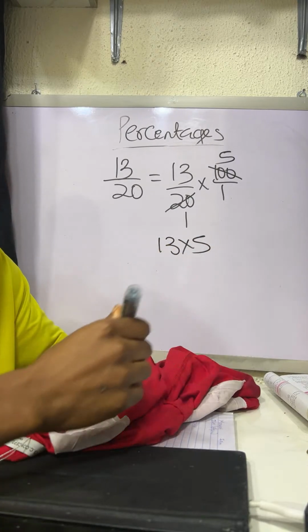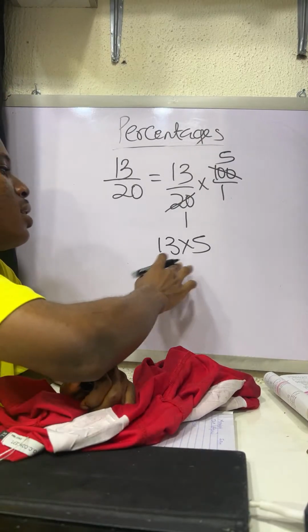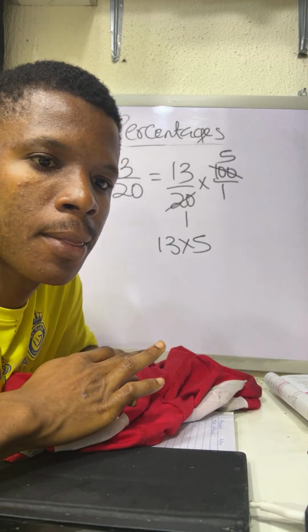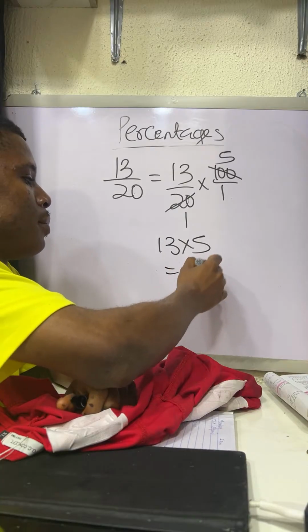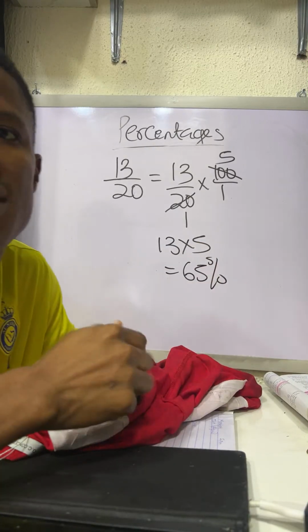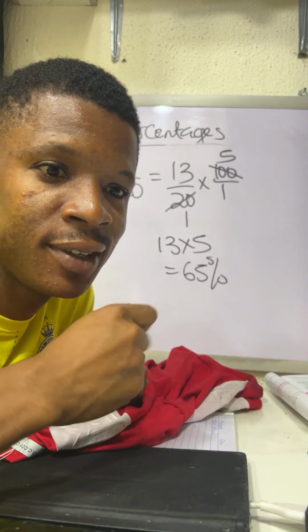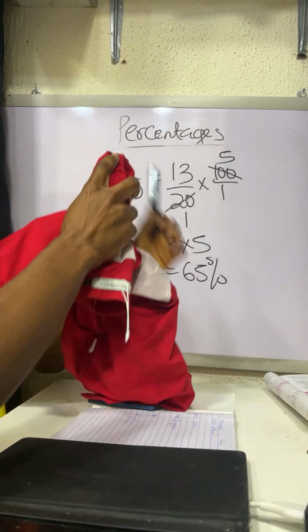You are very good at it. What's 13 times 5? 13 times 5 is 65. So the answer is 65%. This is very easy. If you get 65%, clap for yourself. Do you get it? Yeah. Okay, good.